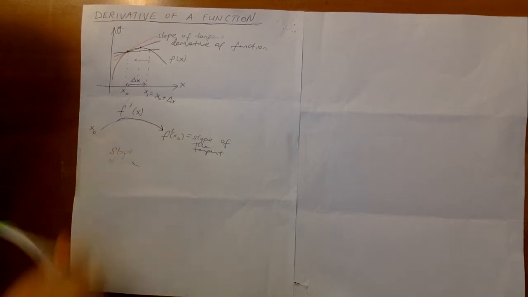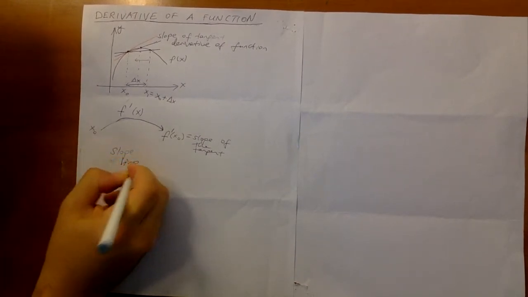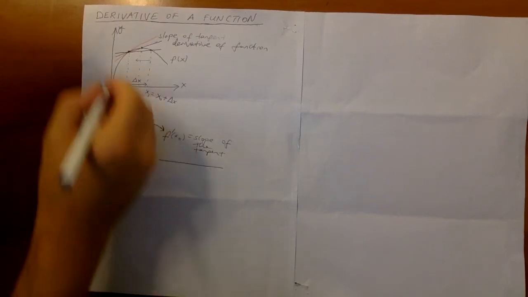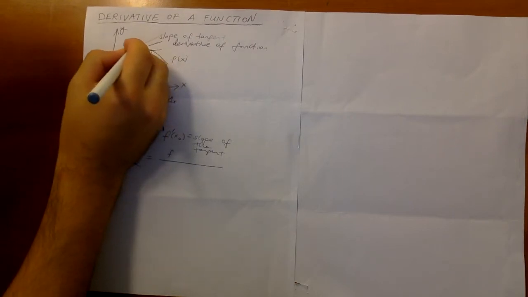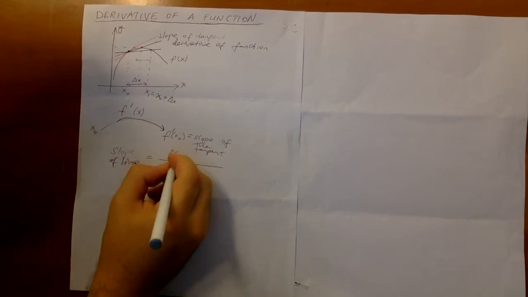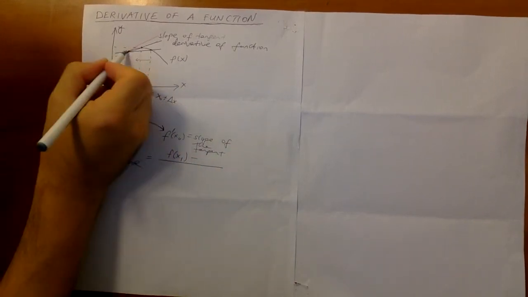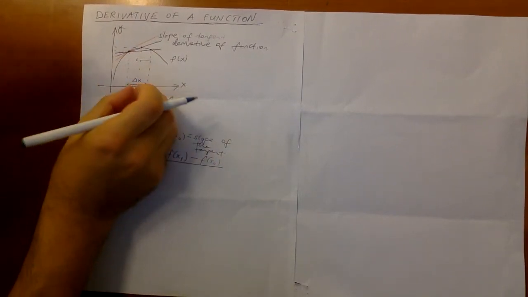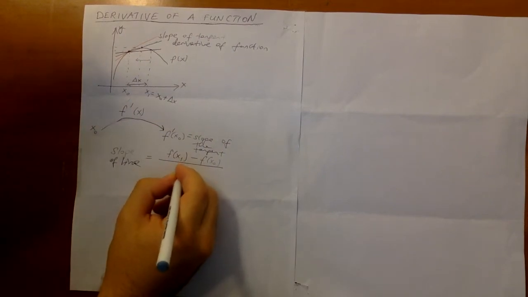So the slope of this line is going to be equal to the change in the y value, which is the value of f at x equal to x1 minus the value of f at x equal to x0, divided by the change in the x value, which is delta x, or just x1 minus x0.